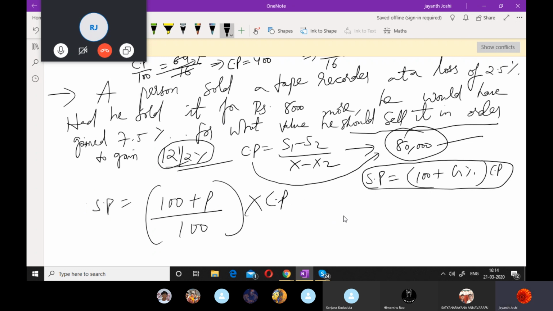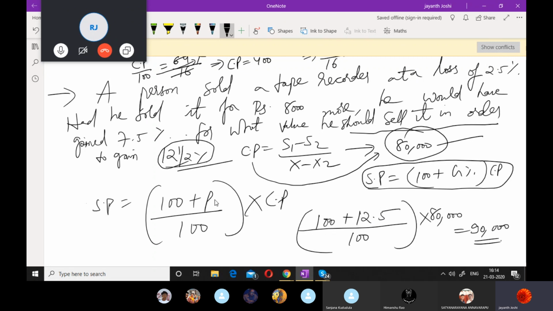So what will you get? 100 plus profit. Profit is how much? 12.5% they have given. So 100 plus 12.5 divided by 100 into 80,000, you will get 90,000.